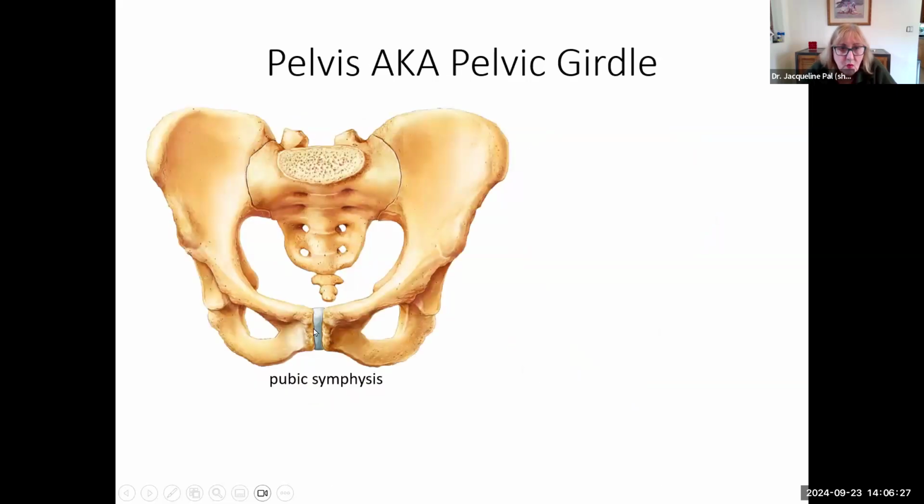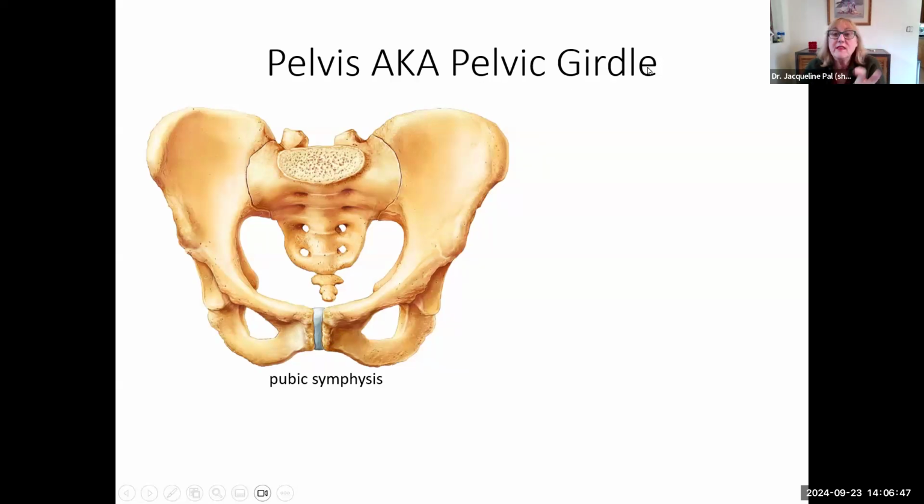And so this is it right here. So here's your right coxal bone and here's your left coxal bone, and there's the pubic symphysis, because that sits right under your pubic hair, because that's named for this bone right here, which is called the pubis, which you don't have to know. Okay.